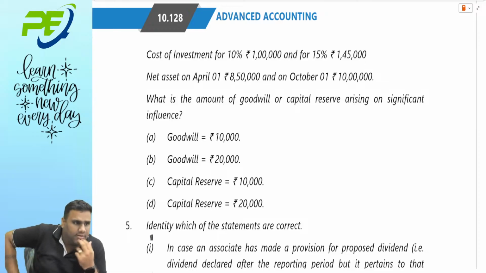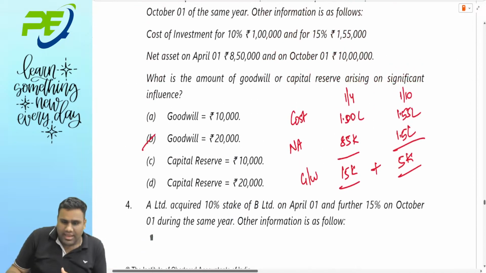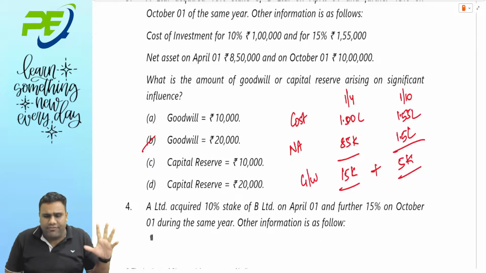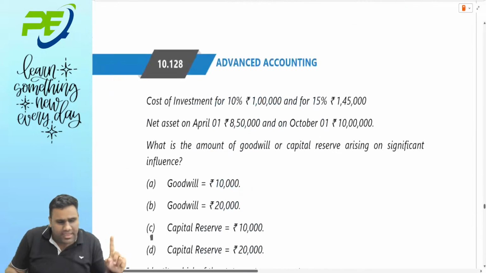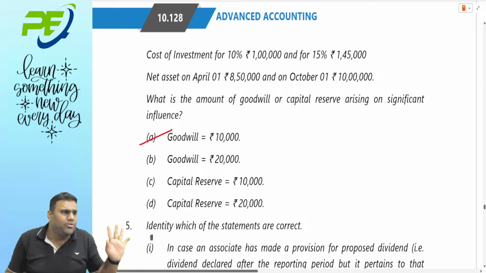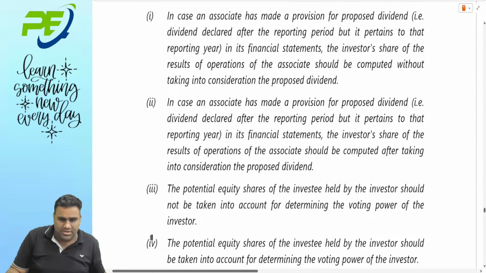Please calculate. 10,000 by year. Instead of 155, you pay 145. So instead of goodwill, it is reserve. So net goodwill. Any doubts? Apart from that, everything else is same. Now last.